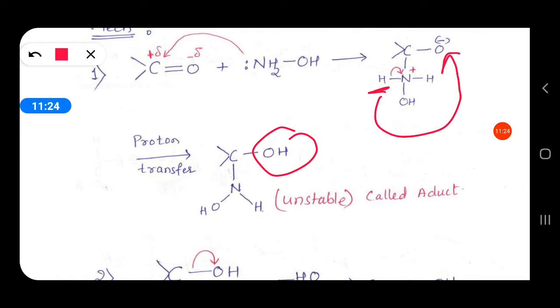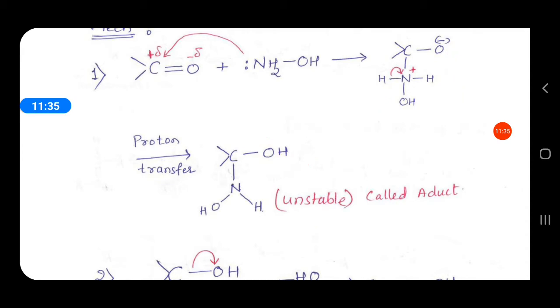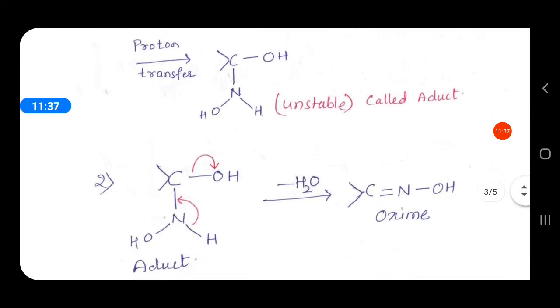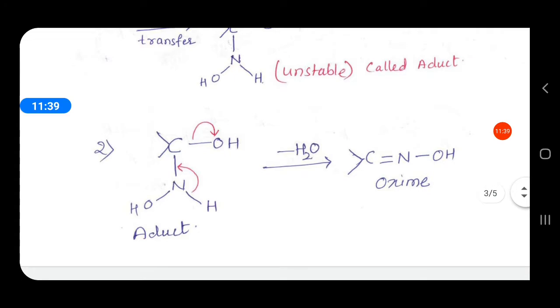But this is an unstable intermediate. This is called an adduct. As soon as this intermediate is formed, the reaction takes place fast.